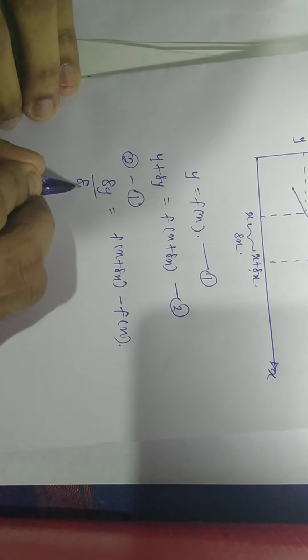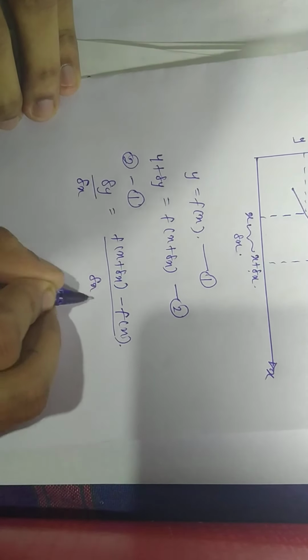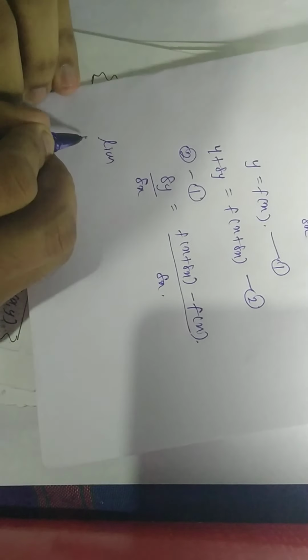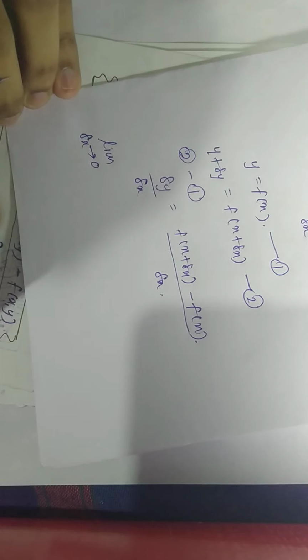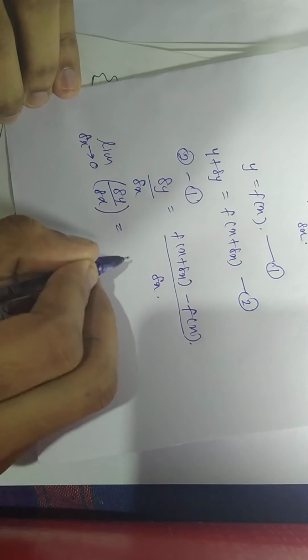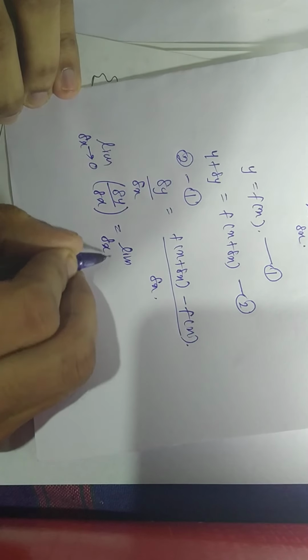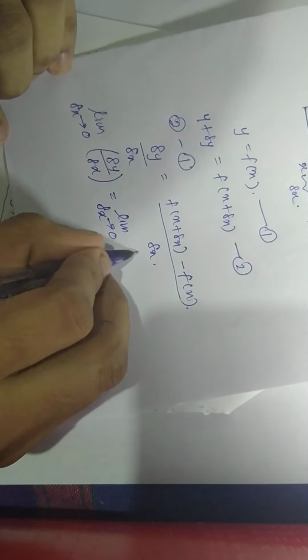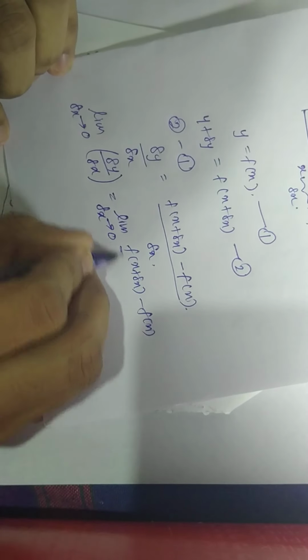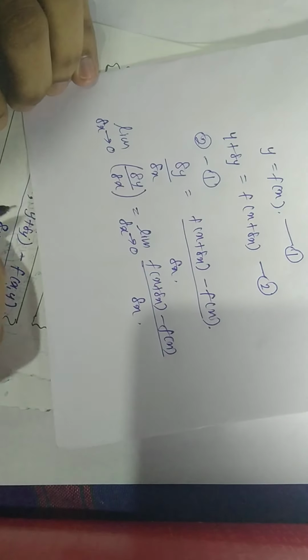Dividing both sides by delta x and taking the limit as delta x approaches 0, delta y by delta x equals the limit of f(x plus delta x) minus f(x) divided by delta x.